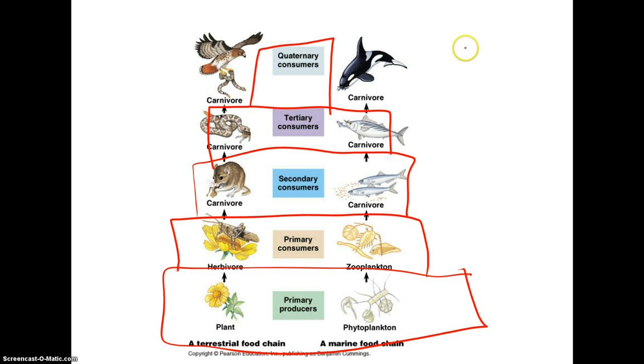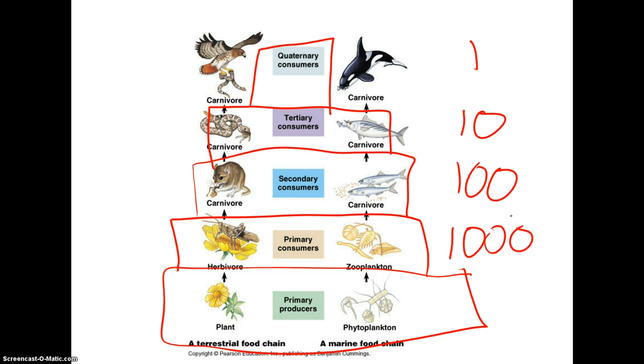So let's say in an ecosystem we have one carnivore, one hawk. This is a red-tailed hawk, by the way. One hawk, and we have 10 snakes, and for 10 snakes we have 100 of these little mice, and in this ecosystem we'll have then 1,000 bugs that the mice are going to eat, primary consumers, and then we'll have 10,000 plants.